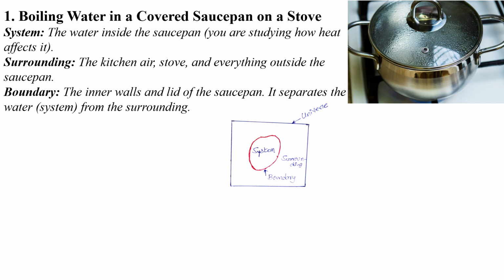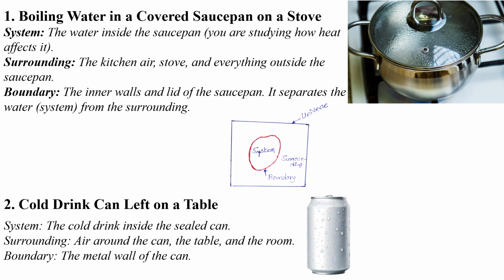Here the system is the water inside the saucepan, and the surroundings are the kitchen air, stove and everything outside the saucepan. And the boundary is the inner walls and lid of the saucepan, which separates the water from the surroundings.